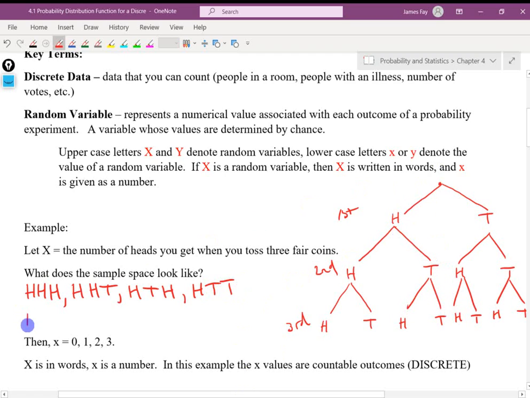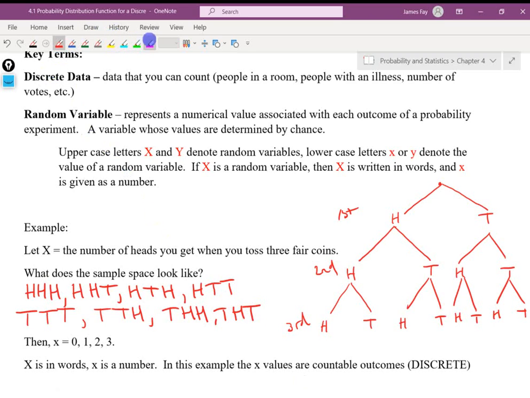And then if we start with tails, we could go tails again, and tails again. We can go tails, tails, heads. We can go tails, heads, heads, and tails, heads, tails. Okay, so again, all we're doing is making sure that we follow down whatever pathway you want, but you're going to end at one of these.